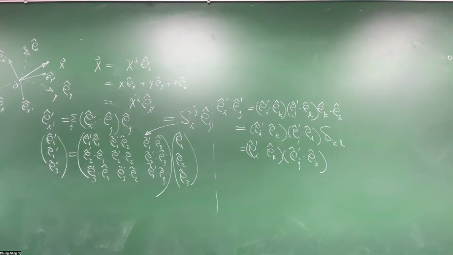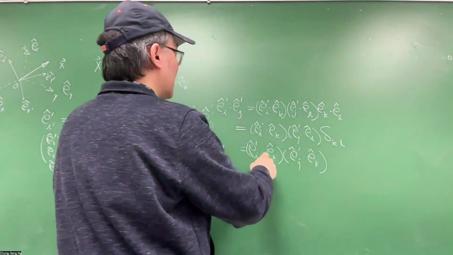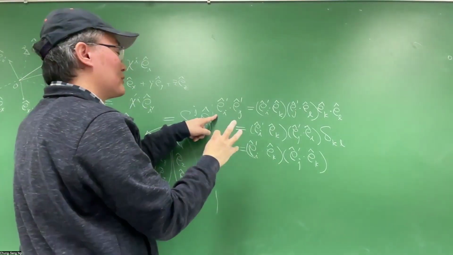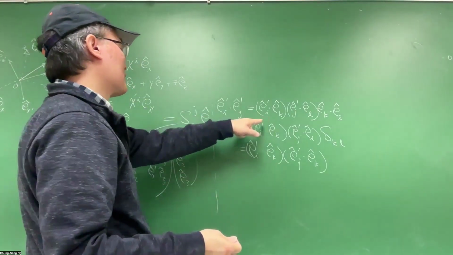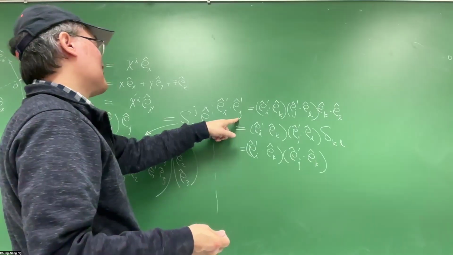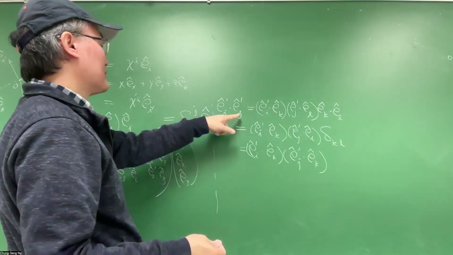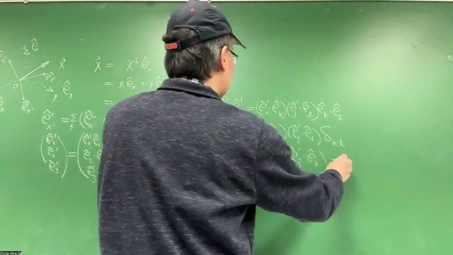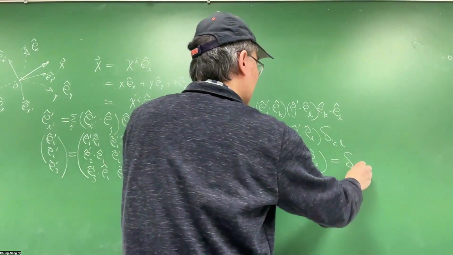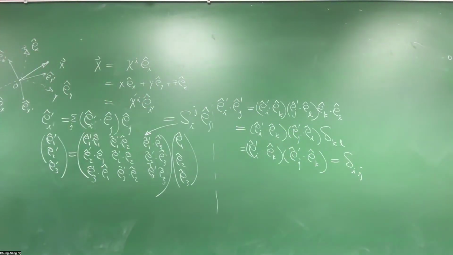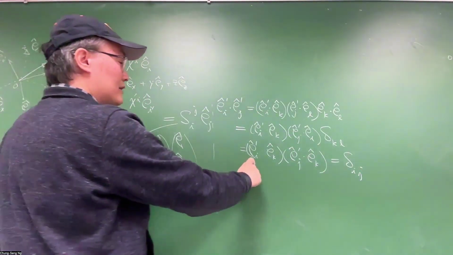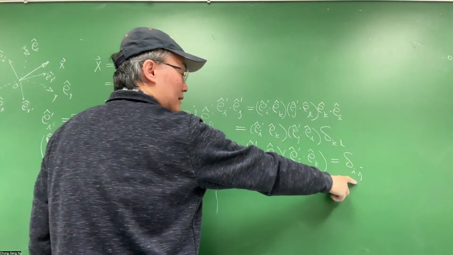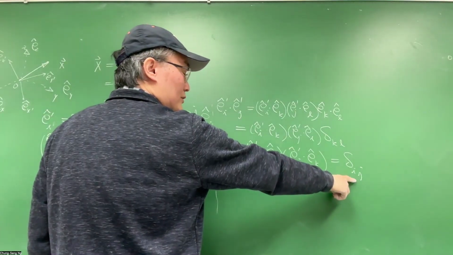Right, and now, again following the fact that you transform the unit vector to new Cartesian coordinates, this dot product is still a Kronecker delta. This is delta_ij.